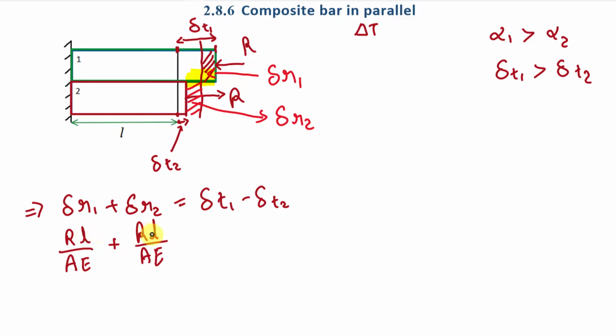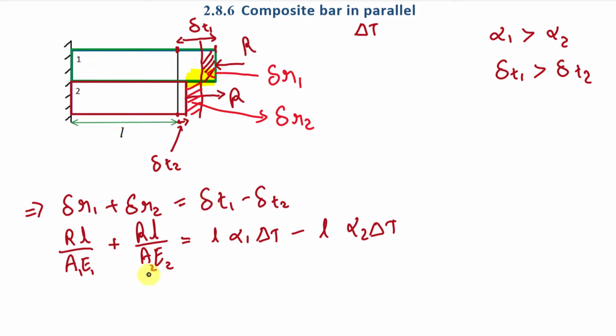Here the length is the same for both the bodies, and area and Young's modulus may be different. So we will take A1 E1 here and A2 E2 here, and it will be equal to delta T1, which will be L1 alpha 1 delta T, minus L2 alpha 2 delta T. Here the length is the same, so we will take L here.